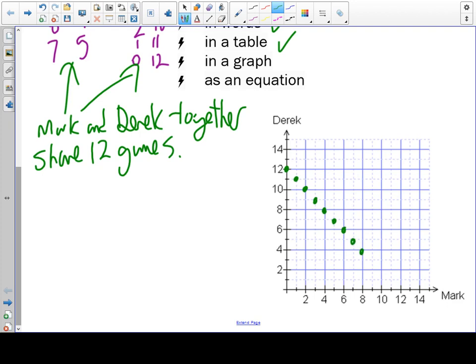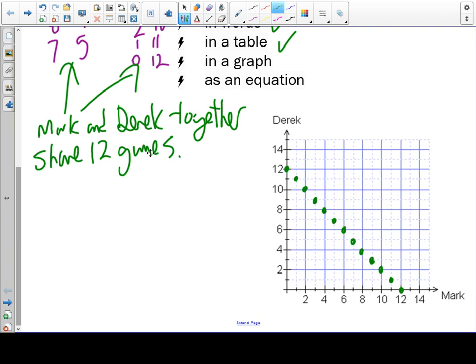Mark has 8, Derek has 4. Mark has 9, Derek has 3. Mark has 10, Derek has 2. Mark has 11, Derek has 1. Mark has 12, Derek has none. So those are all the different possibilities. When we put this as a graph, we need to account for all those possibilities by putting those dots there.